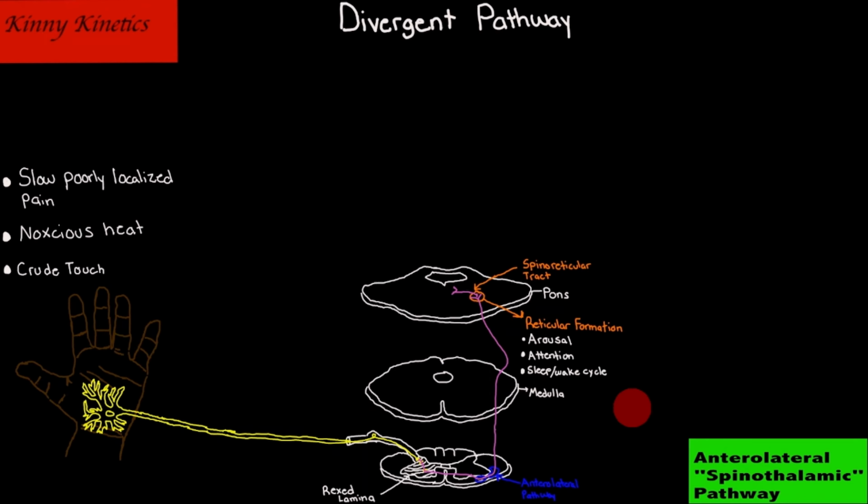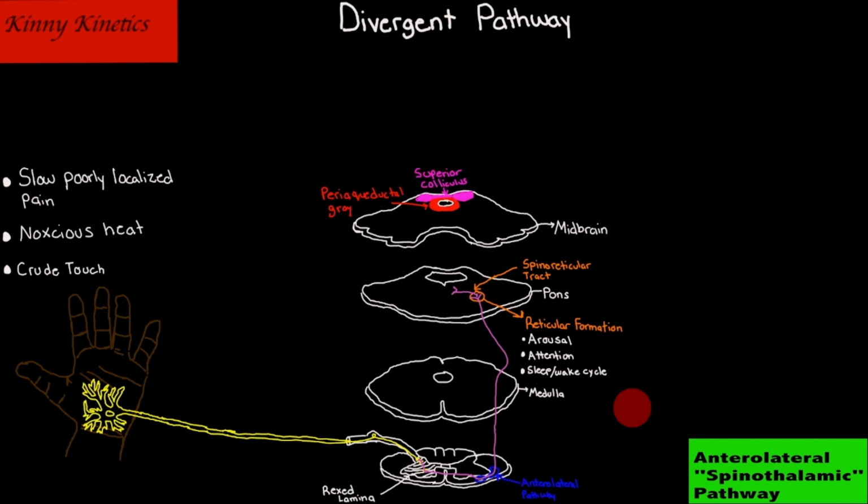The signal continues to ascend until it reaches the midbrain. Within the midbrain, you have the periaqueductal gray and the superior colliculus. The periaqueductal gray is a part of the descending modulation of pain. It can send enkephalins, aka opioids, to an interneuron down in the spinal cord.